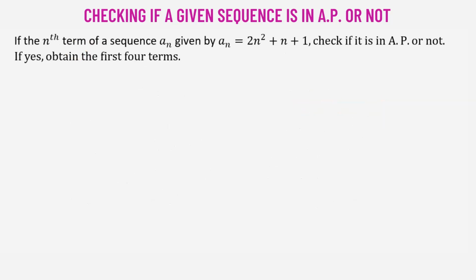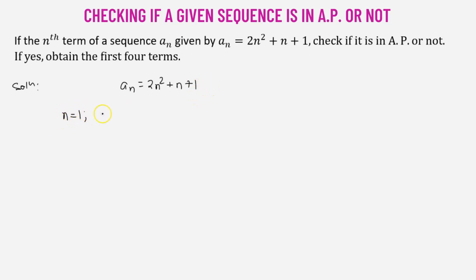Problem number 4. Here the nth term of a sequence is given by 2n squared plus n plus 1. We need to check whether it is an AP or not. So let's begin. Here we have our nth term given by 2n squared plus n plus 1. So we compute the first four terms.